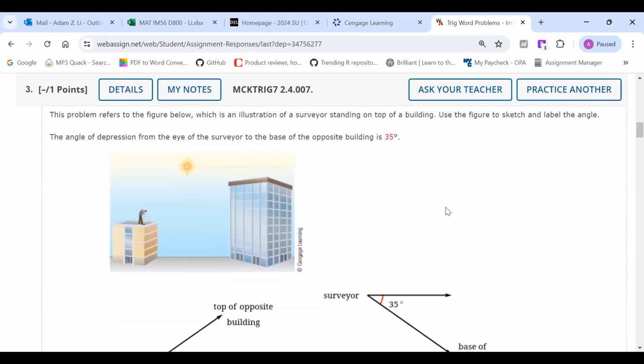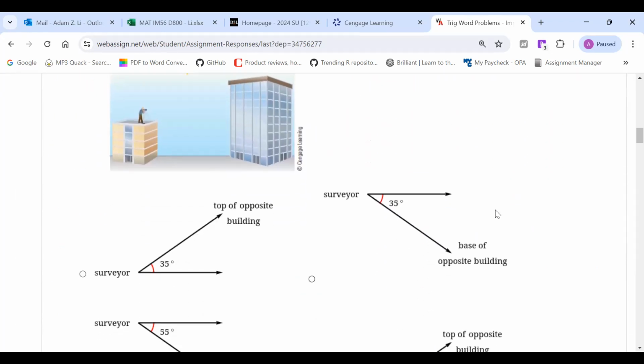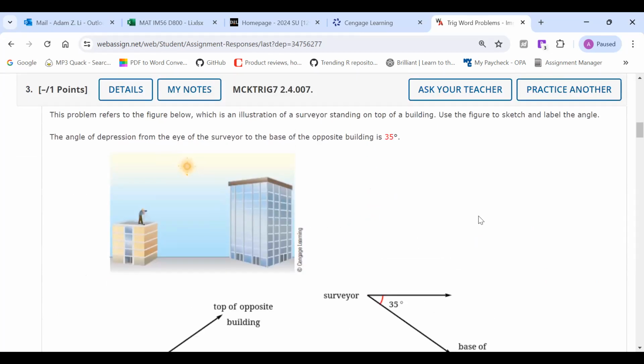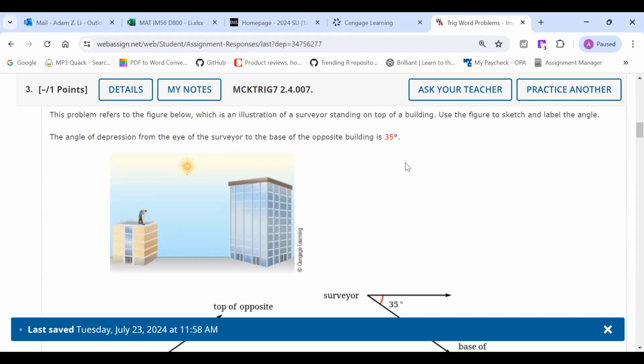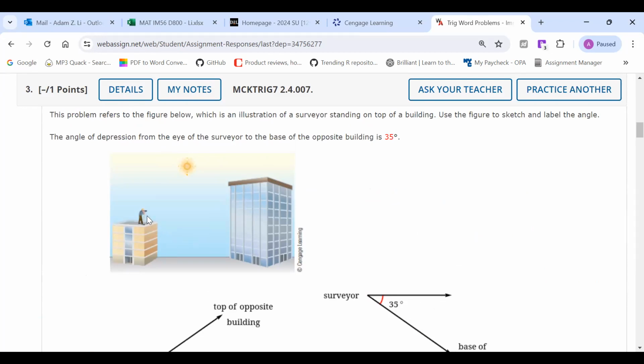All right, let's look at this question right here. The problem refers to the figure below, which is an illustration of a surveyor standing on top of a building. Use the figure to sketch the labeled angle: the angle of depression from the eye of the surveyor to the base of the opposite building.